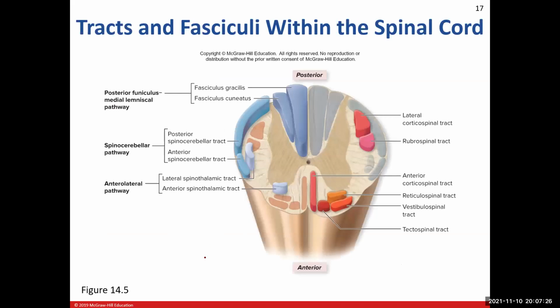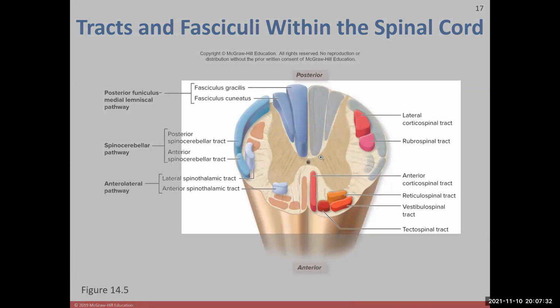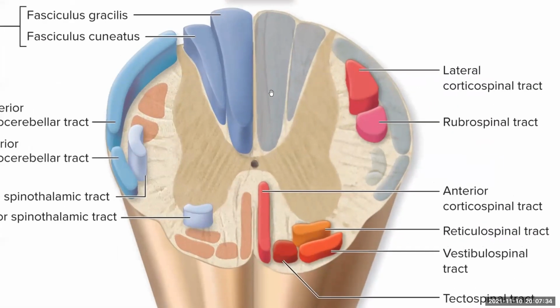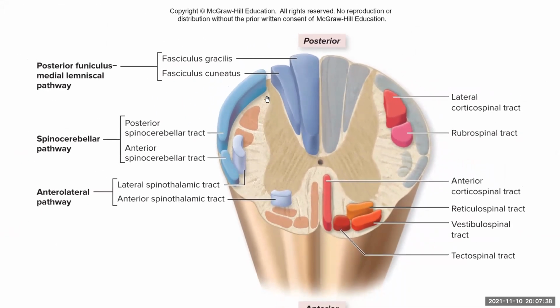Again, we'll see both ascending and descending tracts there, or sensory and motor tracts in that area. If you look here, you'll notice there's quite a few, and we've already gone over a few of these. So just a quick review. Here in our posterior funiculus, we have our two sensory tracts. The one that's closest to the median portion is the fasciculus gracilis.